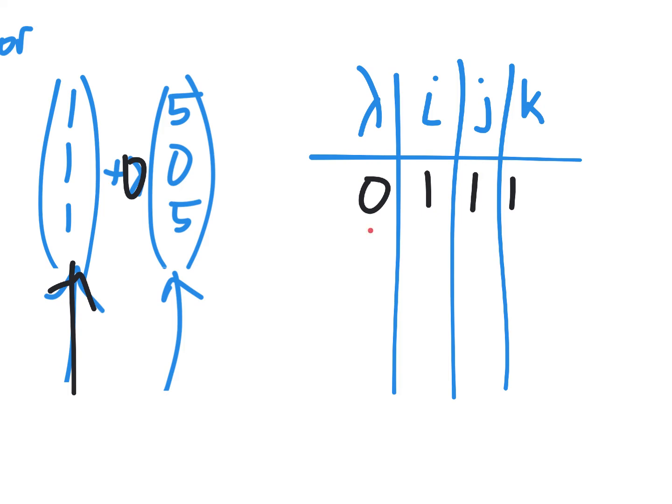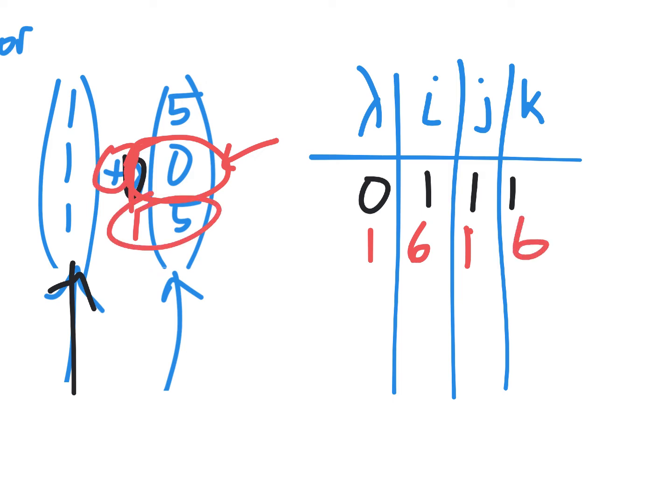If you went 1 time in that direction, you'll be at a new place. You will not be at 5, 0, 5, will you? You started at 1, 1, 1 and you went 5 in the x direction, you would go 1 plus the 5, you'd be at 6, and you started at 1, but you went 0 in that direction, means you'd still be at 1. And if I go 1 here, I go 1 plus 5 is 6, 6, 1, 6.